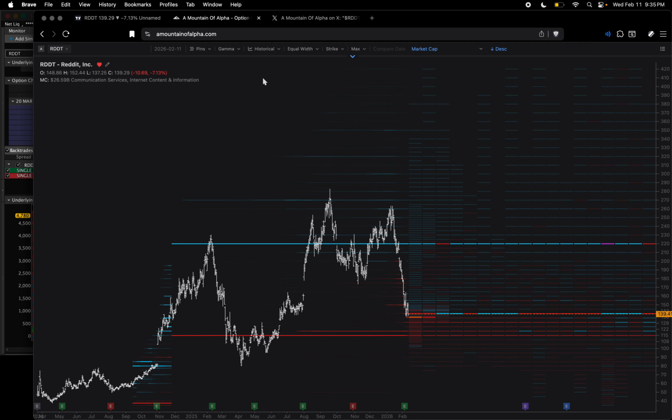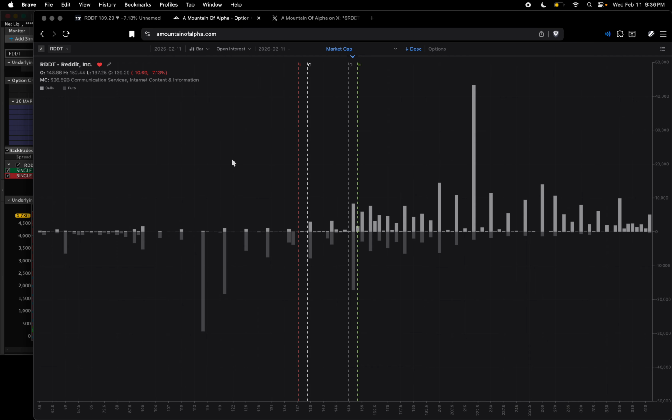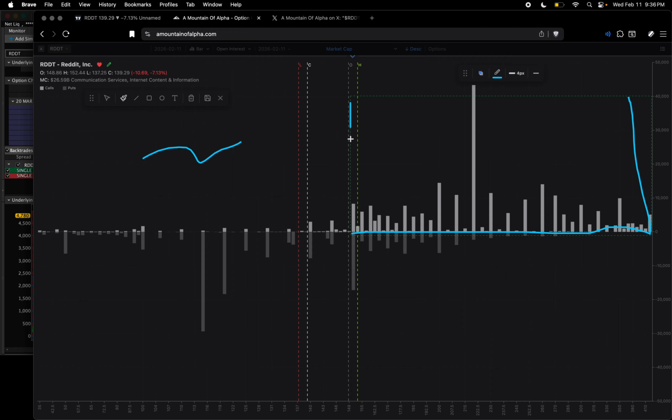But we know the long-term support in open interest is sitting down here at 115. You can see it on the bar, 115, 220. See that? And so this is the range. That's the expected range. Also, take a look, does this drawing still work on here? Yeah. The price is to the left of all the calls here. See that?